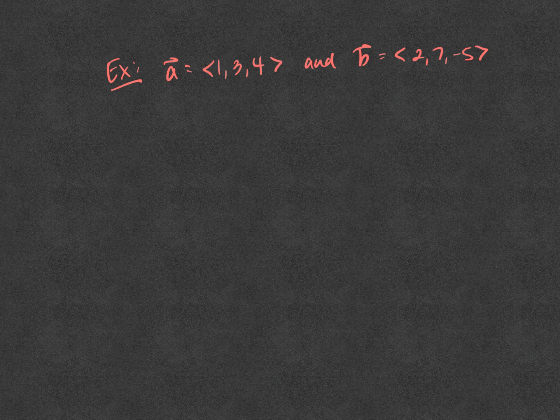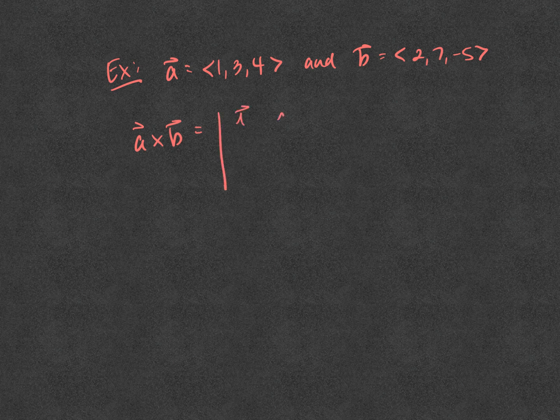Let's look at an example. It says let A be the vector 1, 3, 4, and let B be the vector 2, 7, negative 5. So what we want to do is find A cross B. I'm going to use cofactors because I like it that way.